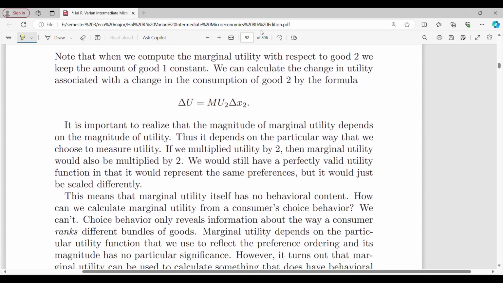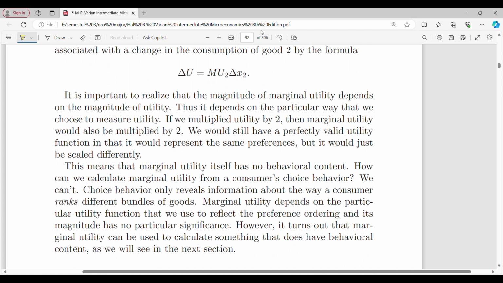And same equation. Okay. So it is important to realize that the magnitude of marginal utility depends on the magnitude of the utility. Thus it depends on the particular way that we choose to measure utility. If we multiplied utility by 2, then marginal utility would also be multiplied by 2.